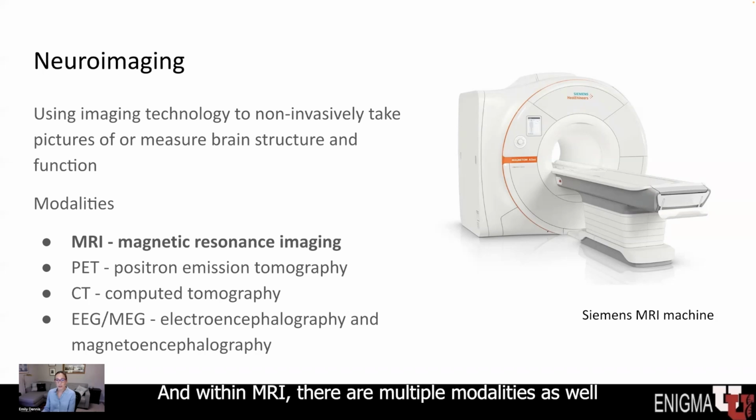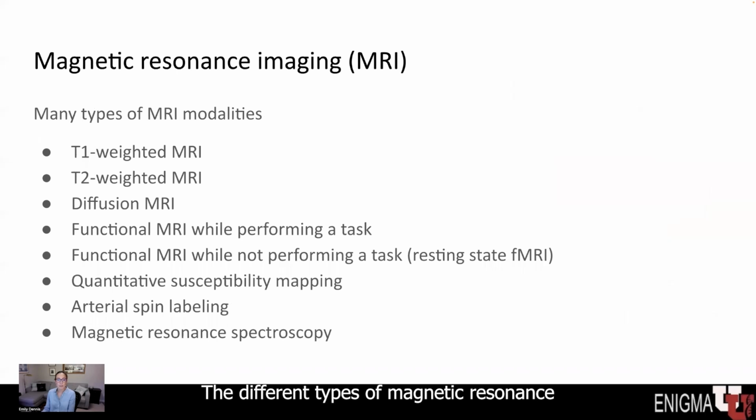And within MRI, there are multiple modalities as well that we're going to talk about here today. The different types of magnetic resonance imaging, or MRI, that we're going to cover today are T1 weighted MRI, T2 weighted MRI, diffusion MRI, functional MRI while performing a task, functional MRI while at rest, not performing a task, also called resting state fMRI, quantitative susceptibility mapping, arterial spin labeling, and magnetic resonance spectroscopy.